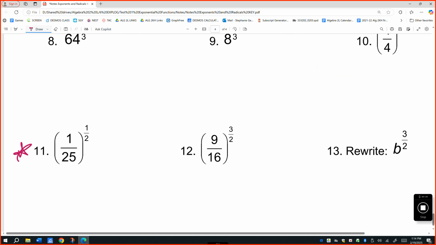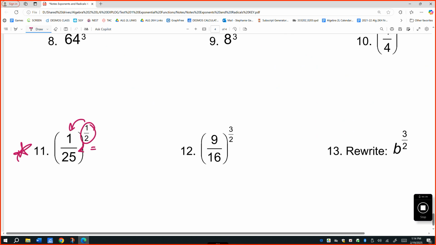Using what we know about fraction exponents, we can easily get the answer to this, okay? First of all, we know that the 1/2 power can go to the numerator and the denominator, right? And we also know that a 1/2 power is the same thing as what kind of root? What kind of root is the same as a 1/2 power?